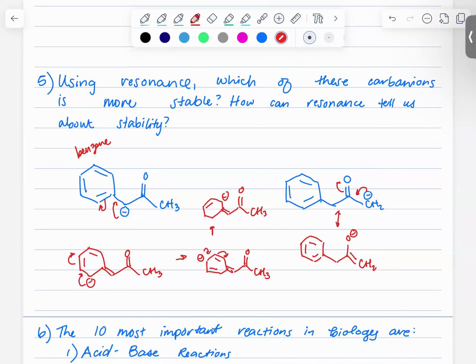And that way, there's more stability and more delocalization.